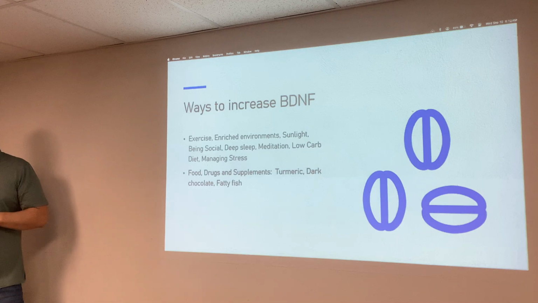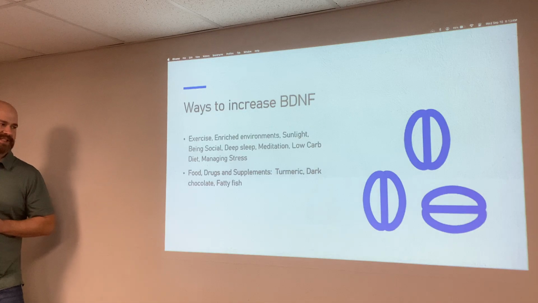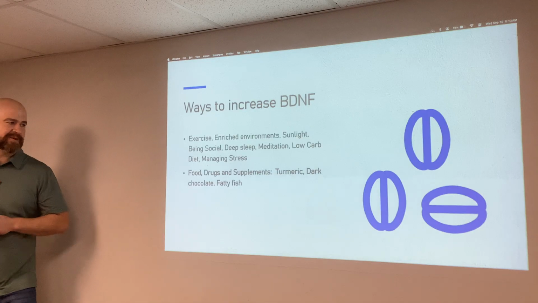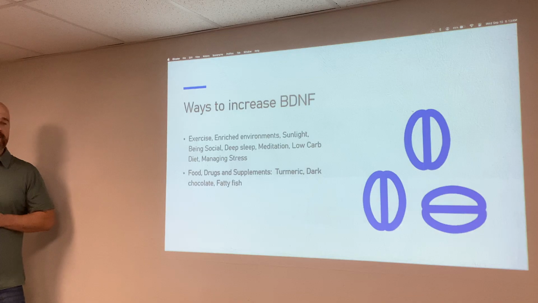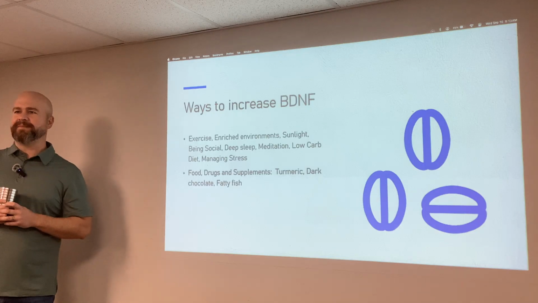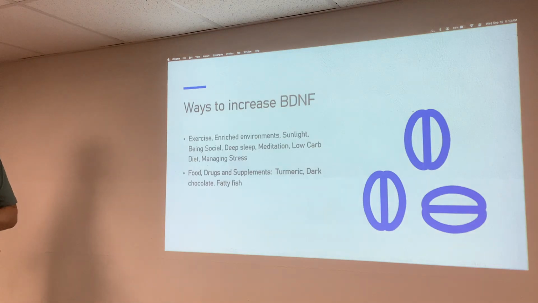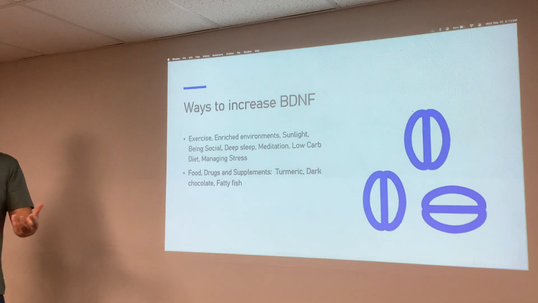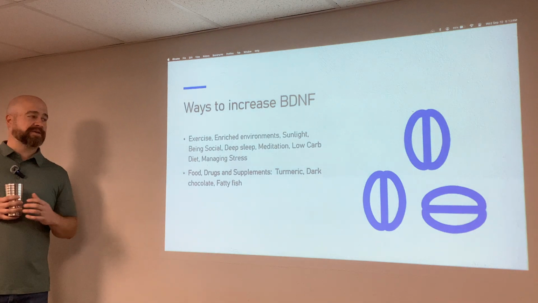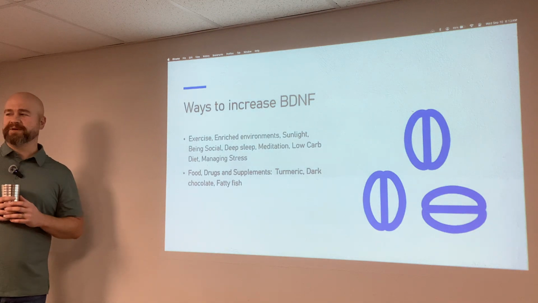Stress can really cause havoc on our brains, right? There are also healthy foods, drugs and supplements like turmeric, dark chocolate, and fatty fish. And these are just several of the many things we could implement in our lives and the lives of our VIPs to help promote increased BDNF.